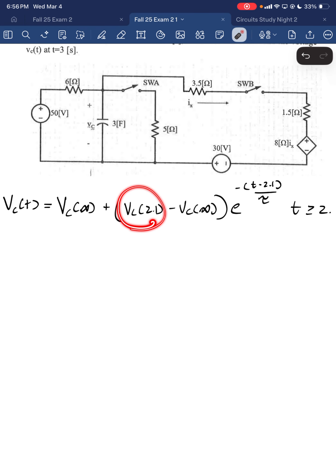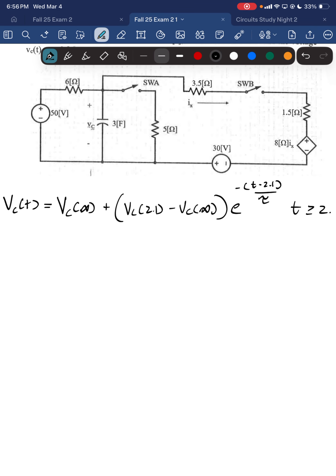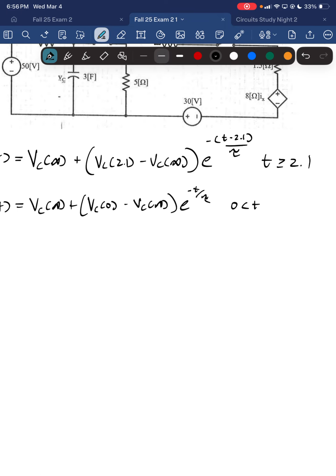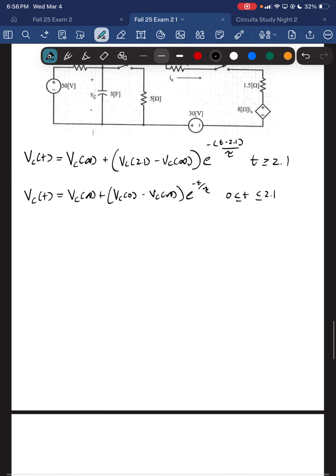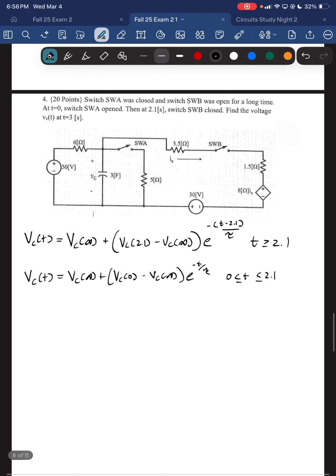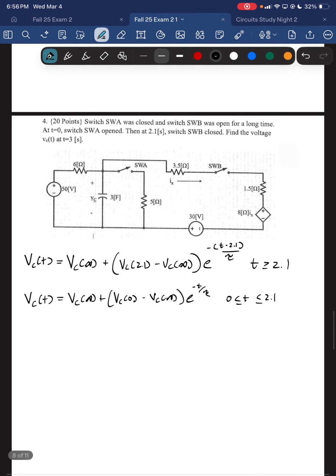However, in order to do that, we're going to need to find our initial condition, VC of 2.1. In order to do that, we are going to have to build this equation: VC of infinity e to the negative t over tau, for this time frame. So in general, for switching questions, if there are multiple switching events, at t equals 0 there's a switching event, and at t equals 2.1 there's a switching event.